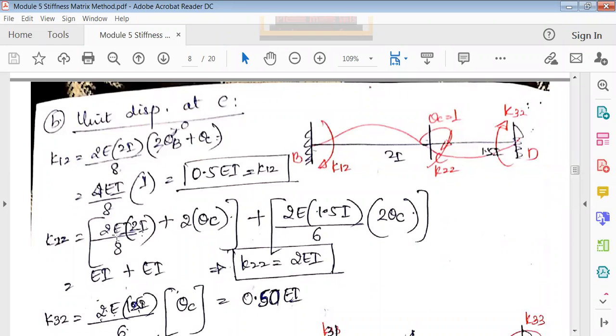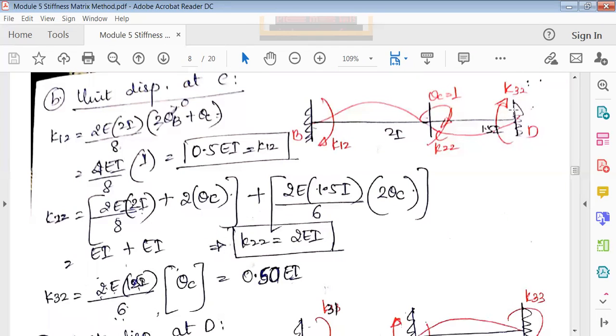So it is 2EI into left side 2I divided by L. Then you're measuring from C as the first joint, so it is 2 times theta C, plus 2EI by L, again here it was 1.5 times I, then to the right side of C. So only C will exist, so it is 2 times theta C. Again, no need to write theta D and theta B because they are already 0. Then solve this, then you'll get K22, that is 2EI.